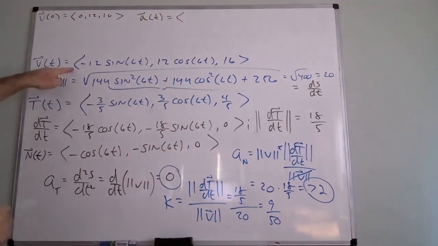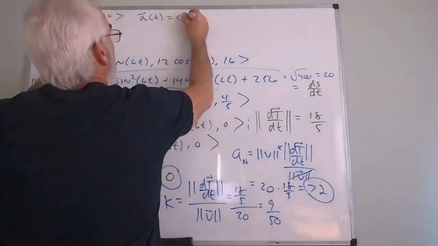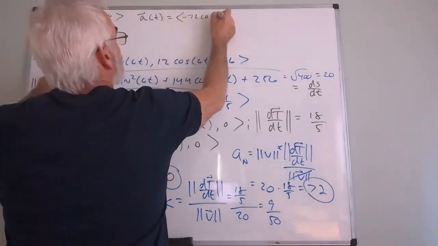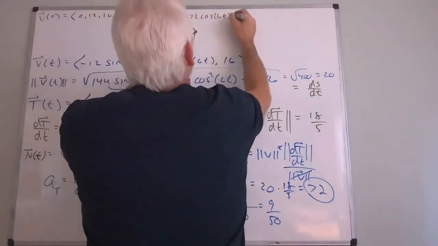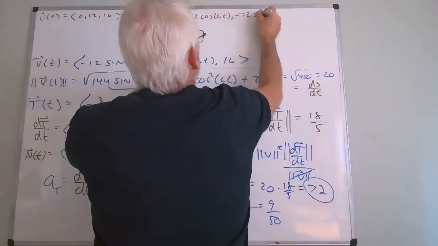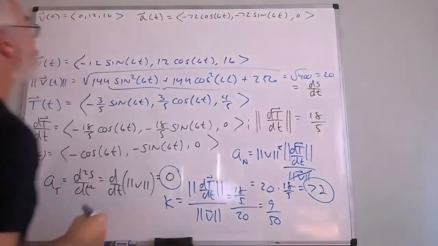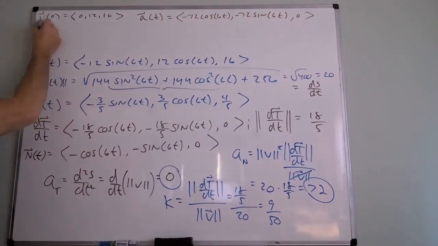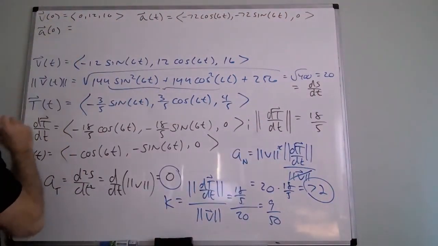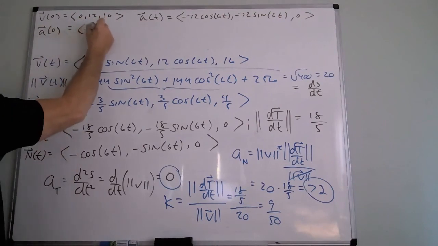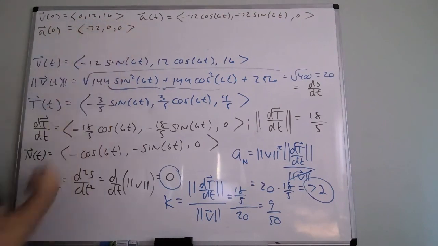So A is the derivative of this guy. So that would be negative 72 cosine 6t, negative 72 sine 6t, 0. So therefore, A of 0, now I can put it in there, is negative 72, 0, 0.